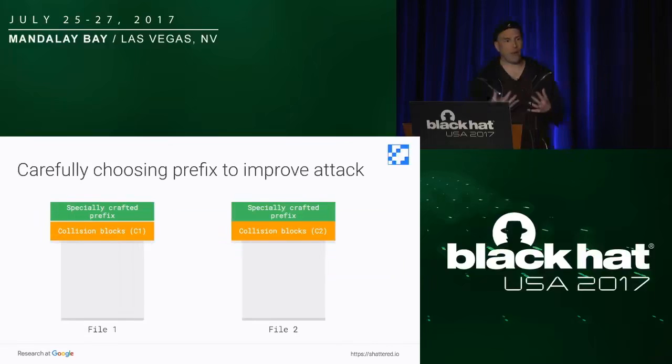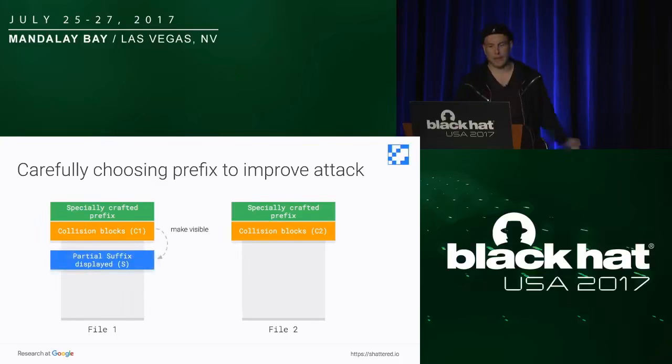It doesn't seem very powerful at first glance, but actually there is a very neat trick: if you craft a prefix ahead of time which is specific enough, you can use it to display things which are not the same. So the idea would be you use the collision block, let's say, for the length of a JPEG comment, as we did.